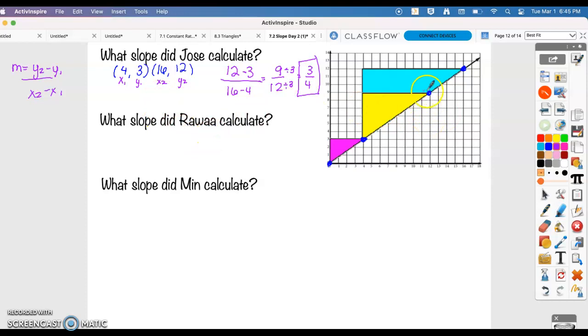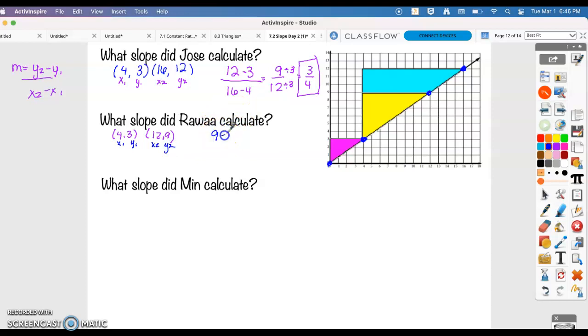All right, so now let's do Rawa's. So here's Rawa's, these points right here. So I have 4, 3, and then I have this point over here, which is 12 and 9. Okay, I'm going to label those. Remember, that's x1, y1, x2, y2.